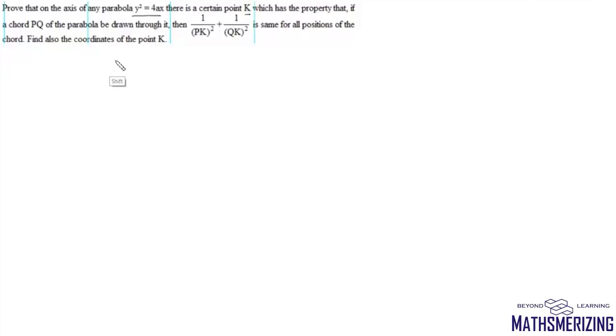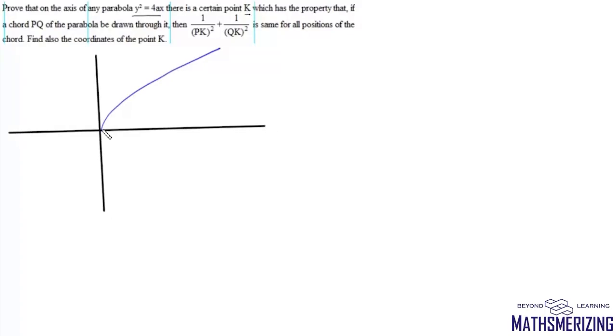So first we'll draw this parabola. Now we'll draw a chord on this parabola, and suppose this fixed point is k, and suppose it is (h, 0), and then we have this p and q.